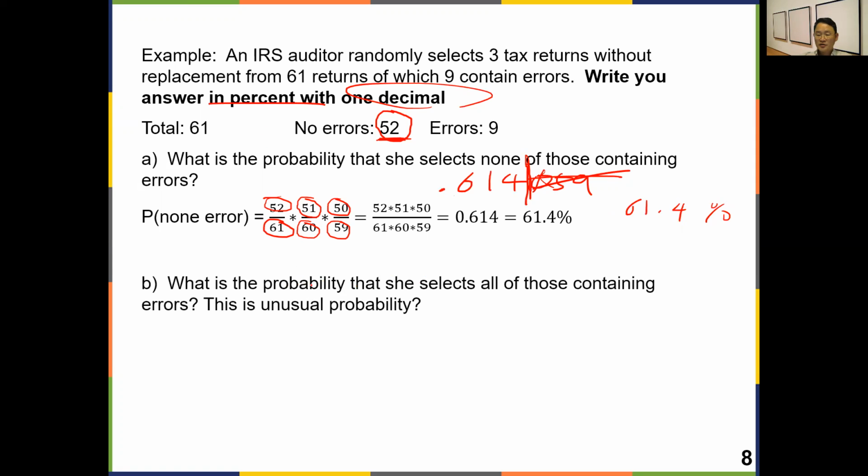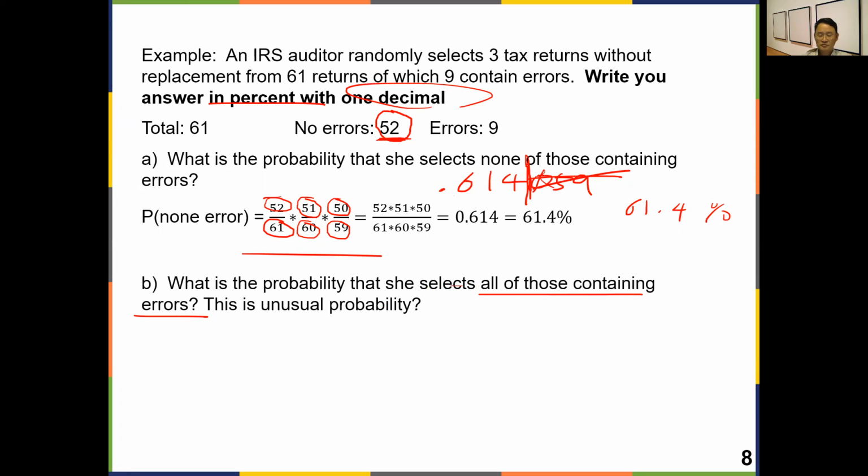Okay, what about the other one? What about if all of them contain errors? Let me give you a little bit of time again. Now that we know the previous example, I think it's a little easier for us to figure it out.